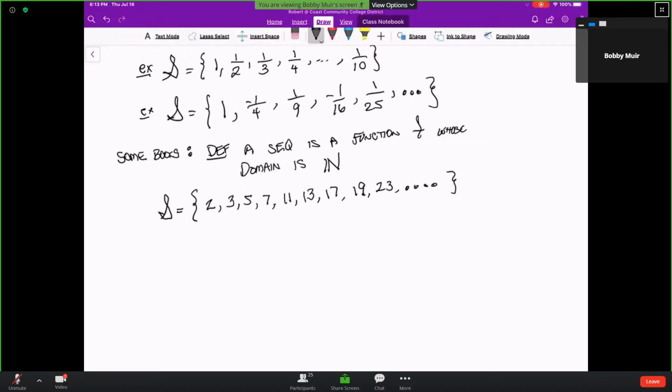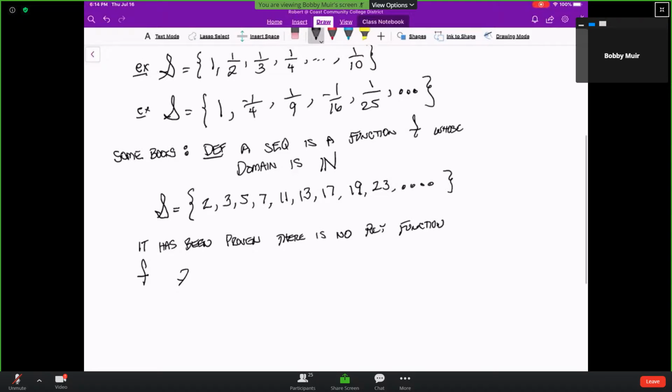Now, there are a lot of unanswered questions about the prime numbers, but one question that has definitely been answered is, it has been proven that there is no polynomial function f such that f of n is going to give you the nth prime. Okay? There is no polynomial function.